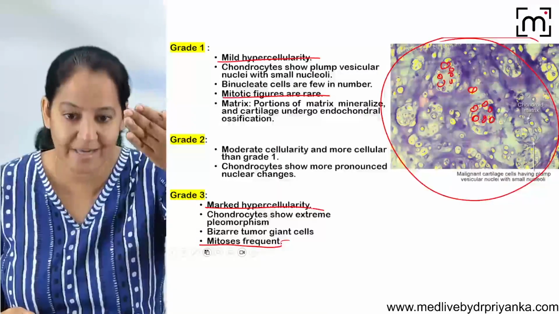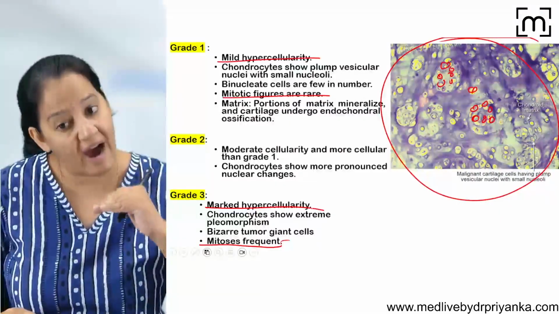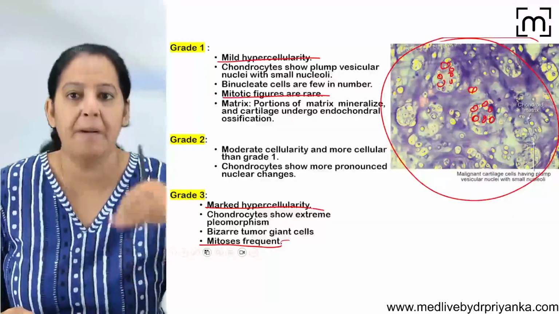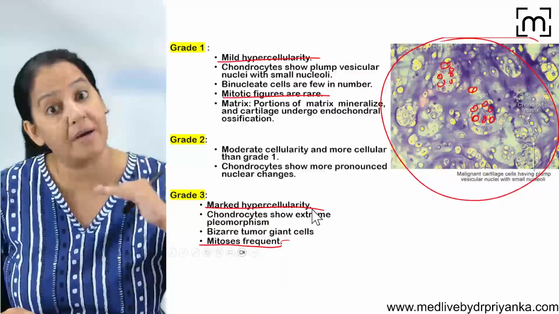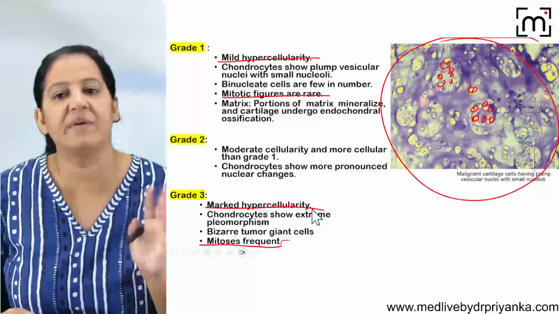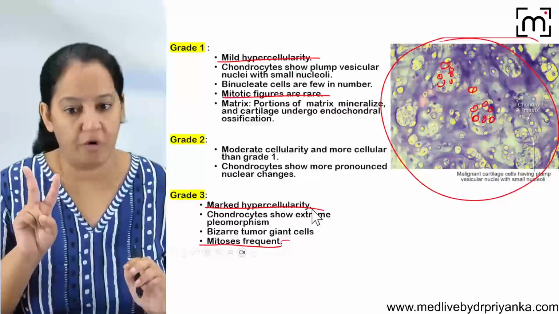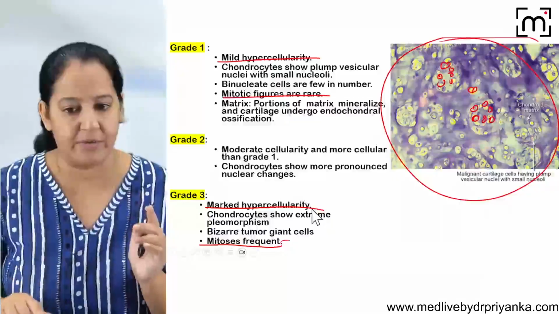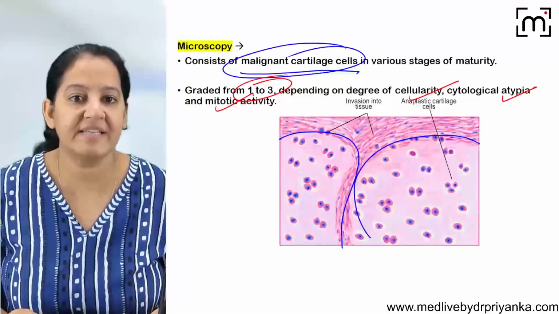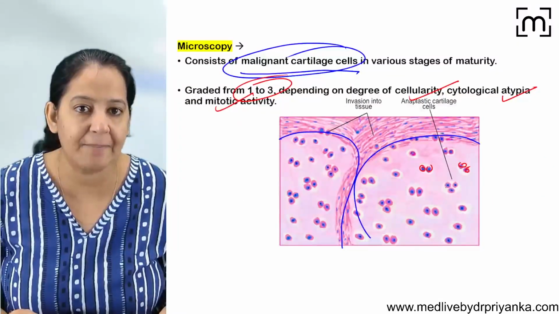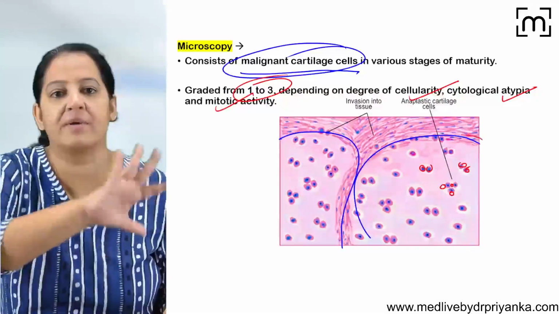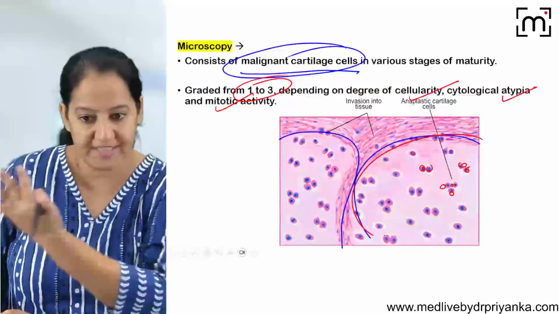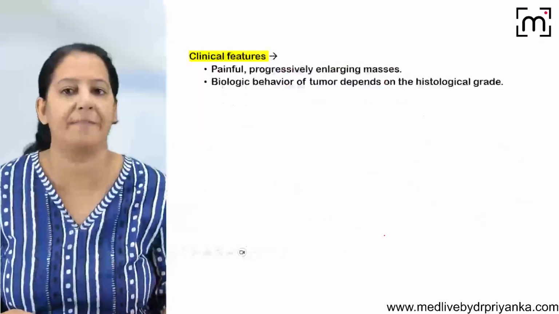So mild cellularity, moderate cellularity, high cellularity: grade 1, 2, 3. Mitosis is rare, mitosis is intermediate, or mitosis is very frequent, depending on which we decide the grade. So for grade, you have to look for 2 criteria, cellularity and mitosis. So it is of 3 grades. So we see the cellularity of these cells and mitosis of these cells. What are these cells? Malignant cartilaginous cells, and background is same. Appreciate the background. It is bluish, mucoid or myxoid background.